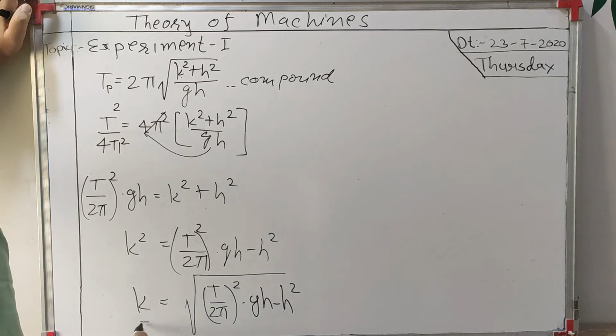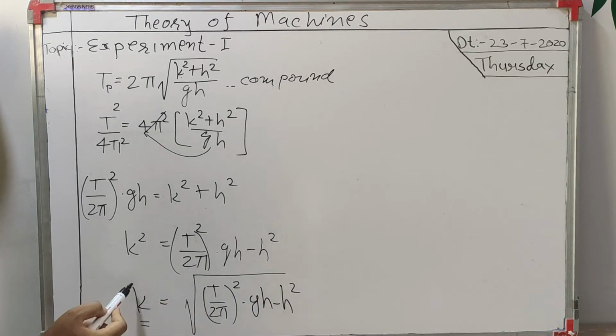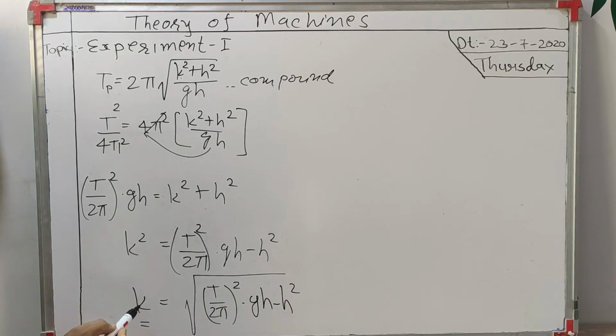This is the equation using which we can find the radius of gyration for the object. If we know the time period, g, and h, then we can definitely find k. So this is the base for this experiment.